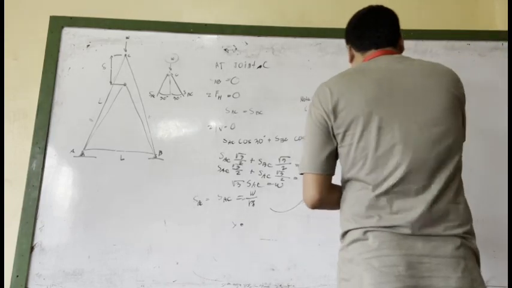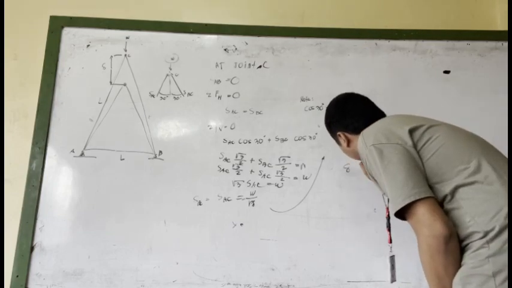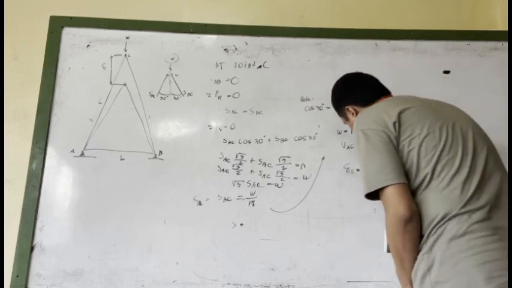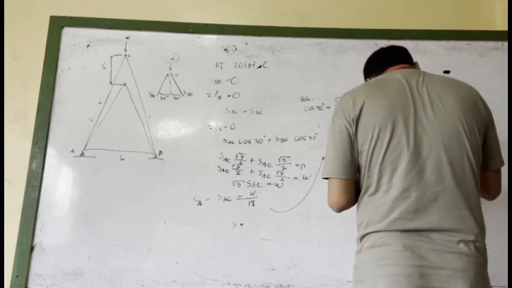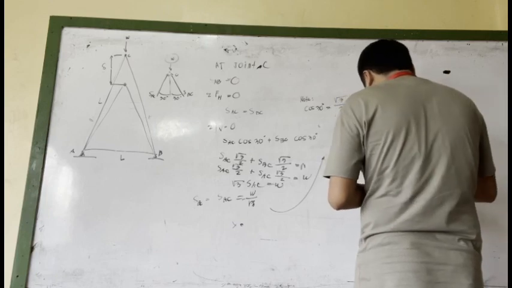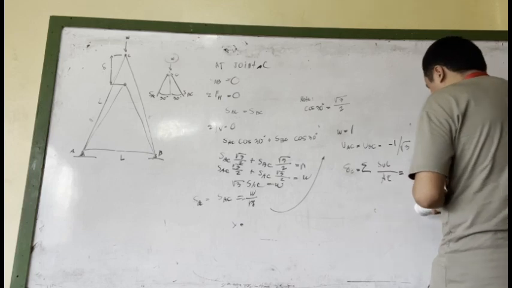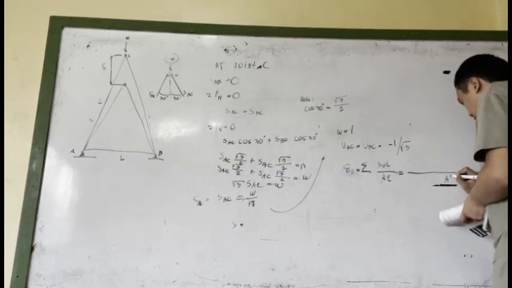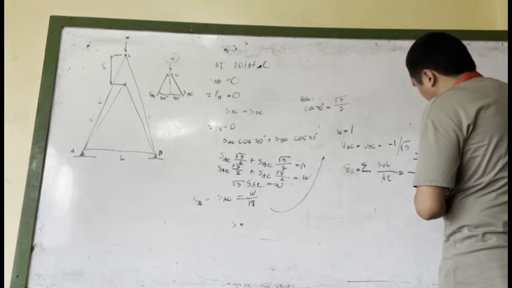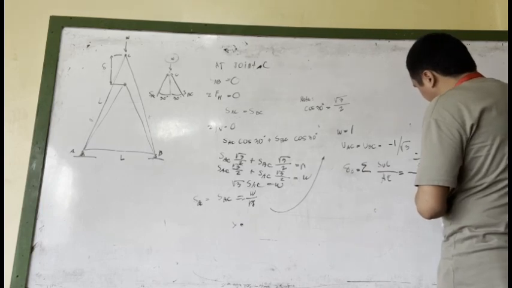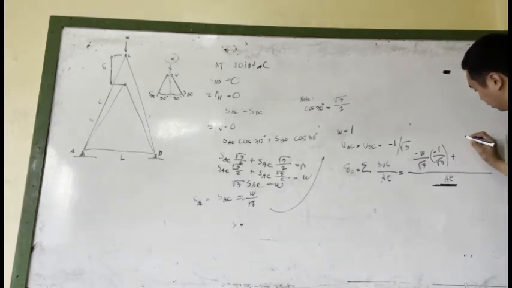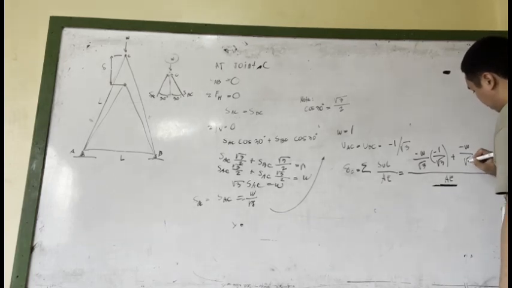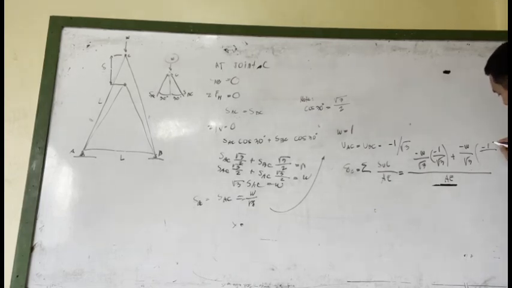Now we can solve for the elongation at joint C, which is equal to the summation of S U L over AE. So W over square root of 3 times 1 over square root of 3, plus the same term again, each over AE.